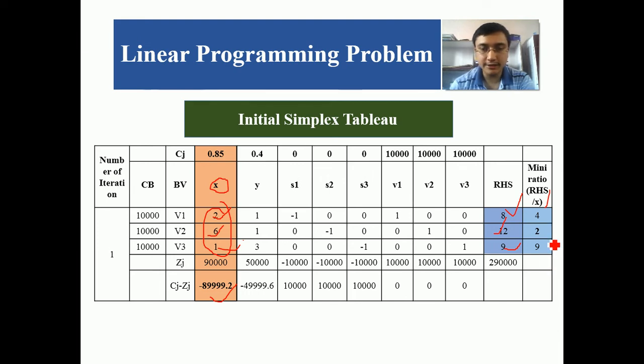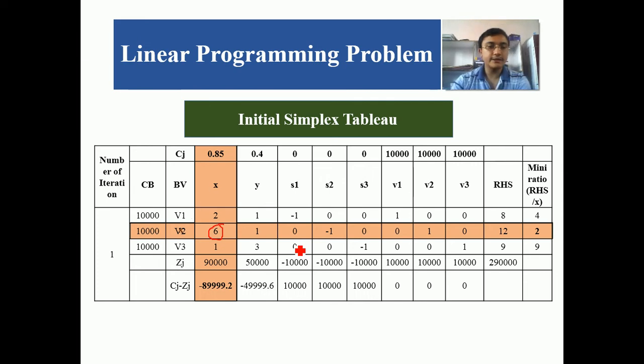And the least in the min ratio is the pivot row, that is the second row is the pivot row, which is in the orange color, and 6 is the pivot element, that is the intersection between the pivot column and the pivot row.